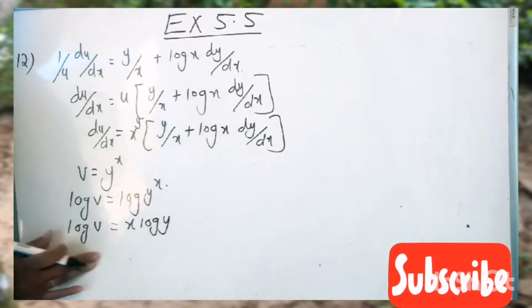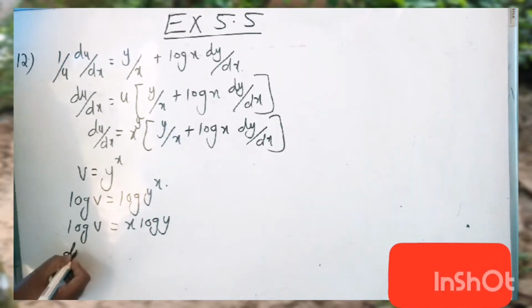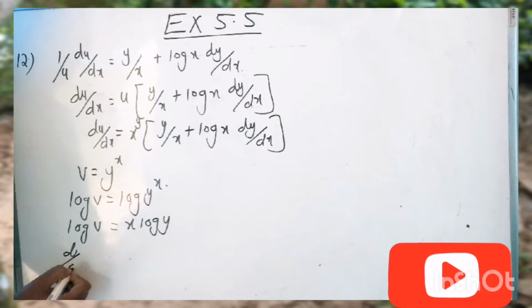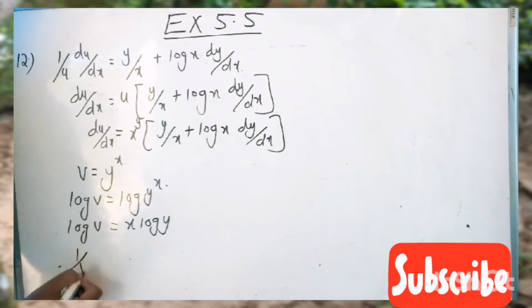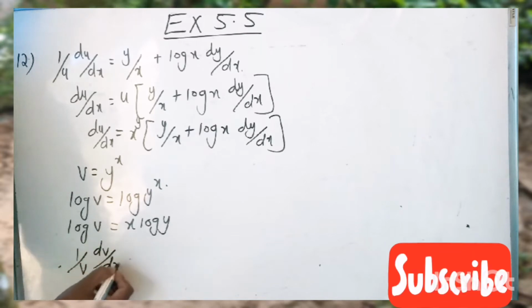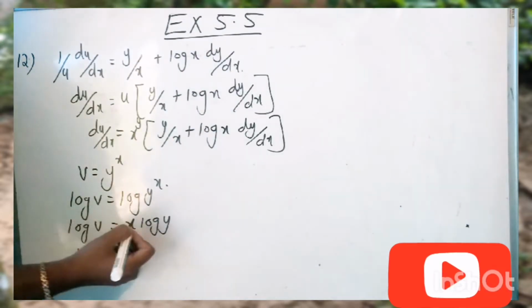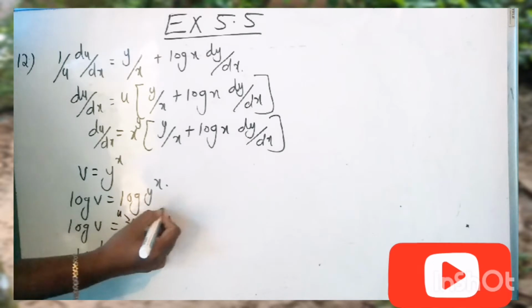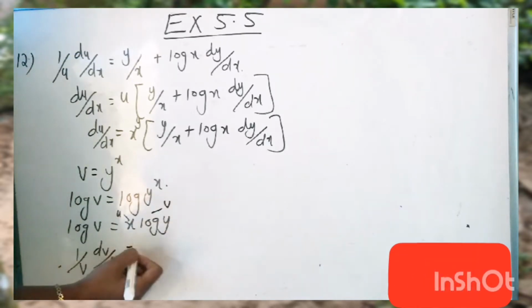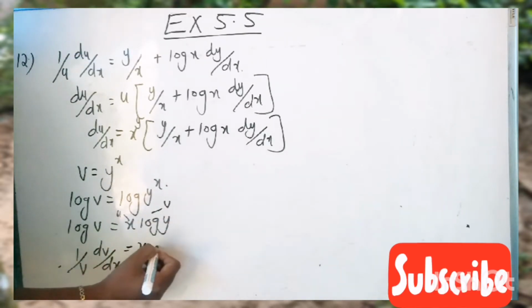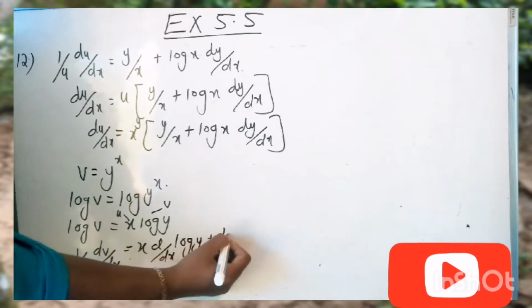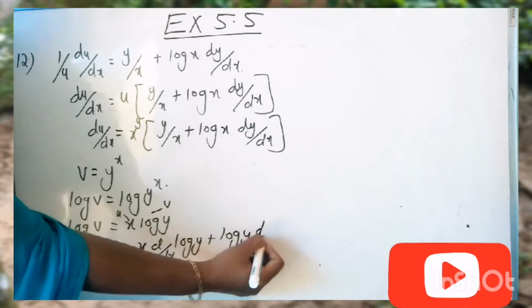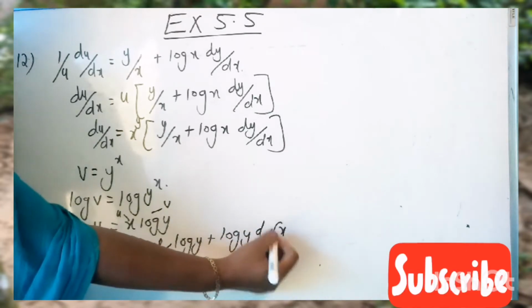Now take the derivative on both sides. The derivative of log v is 1 by v into dv by dx. Here we need to apply the product rule. So we will take x as u and log y as v. This is equal to x into d by dx of log y plus log y into d by dx of x.